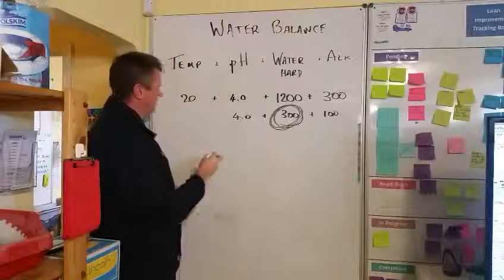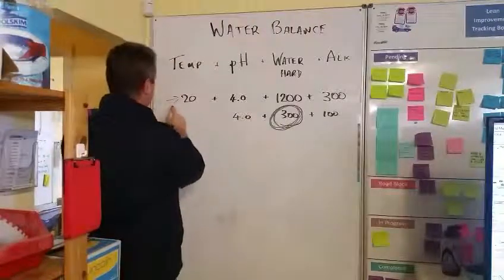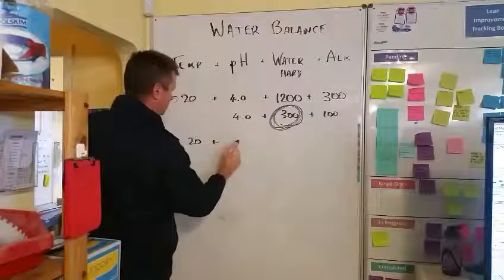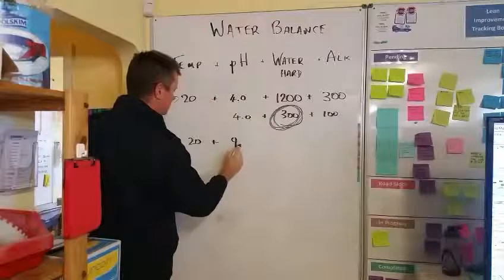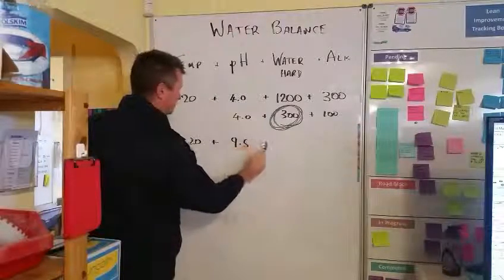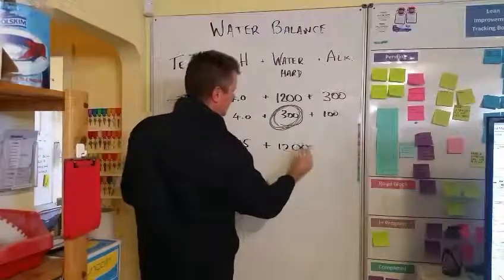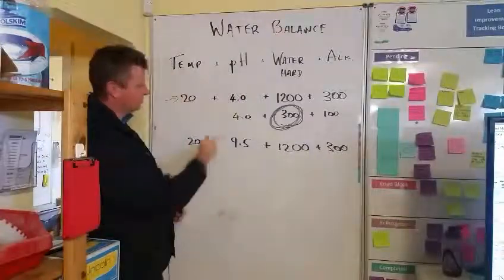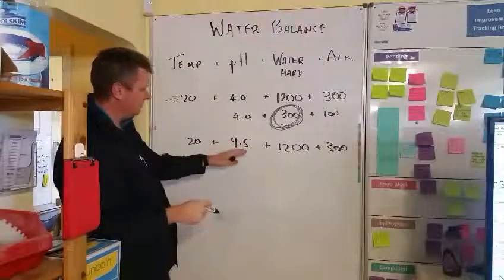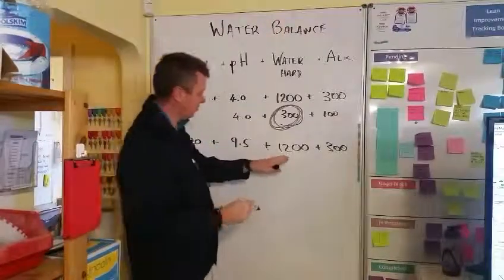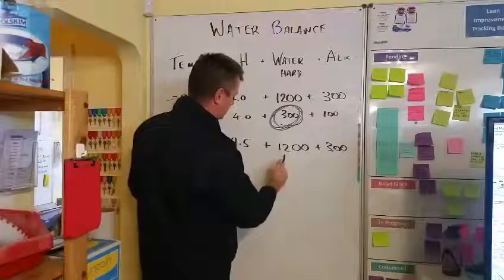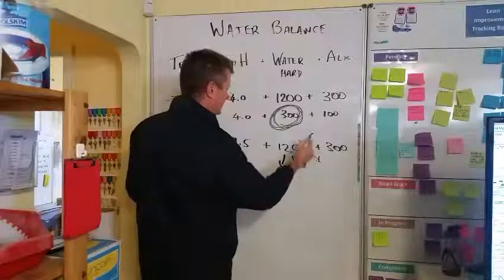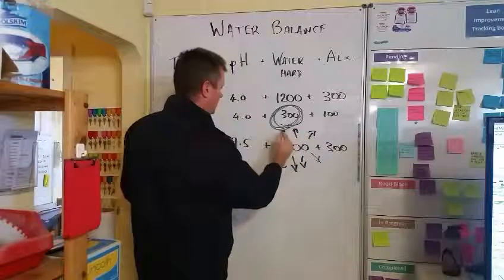On the other hand, if we took this same scenario, 20 degrees, but we gave it a very high pH, say of 9.5, 1200 hardness, 300 alkalinity. You wouldn't want a pool like that, but you increase the pH, and all of a sudden the pool is trying to get rid of the minerals that are dissolved in the water.